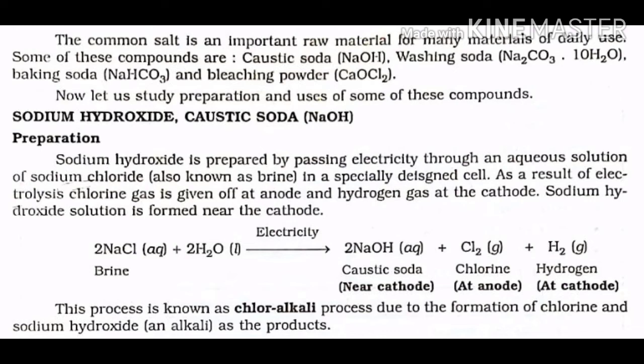Sodium hydroxide solution is formed near the cathode. 2NaCl plus 2H2O, on passing electricity, gives 2NaOH plus Cl2 plus H2. This process is known as the chlor-alkali process due to the formation of chlorine and sodium hydroxide, that is an alkali, as the products.